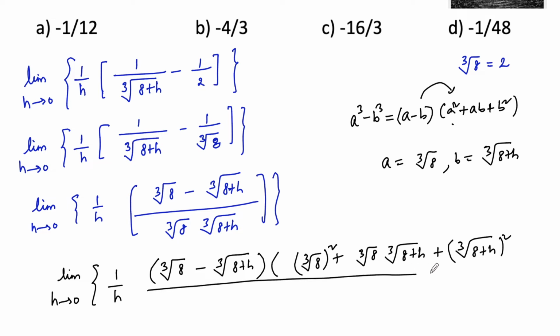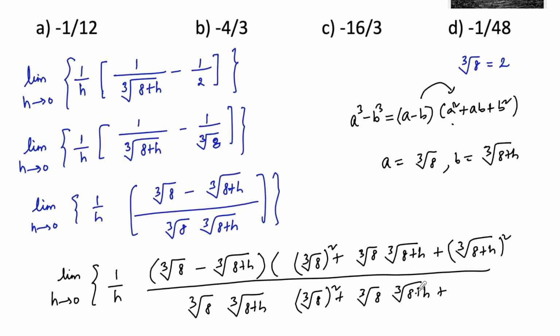So divide with the same. We have cube root of 8 into cube root of 8 plus h, so cube root of 8 whole square plus cube root of 8 into cube root of 8 plus h plus cube root of 8 plus h whole square.